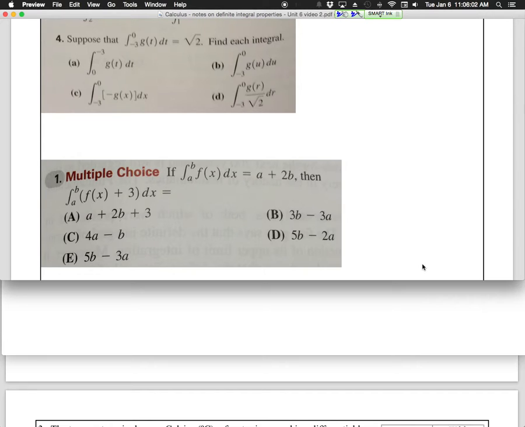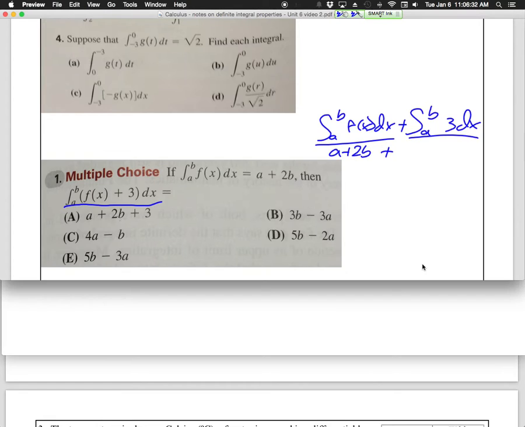All right, let's look at it. First thing we want to do is separate that into 2 different integrals. That's the integral from a to b of f of x dx plus the integral from a to b of 3 dx. We know what that's equal to, right? A plus 2b.